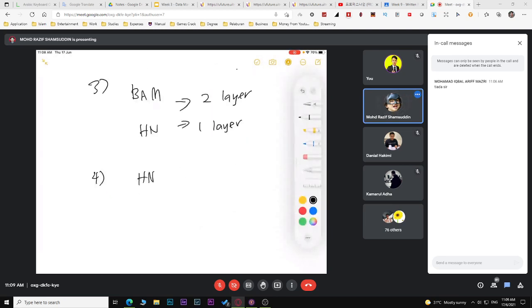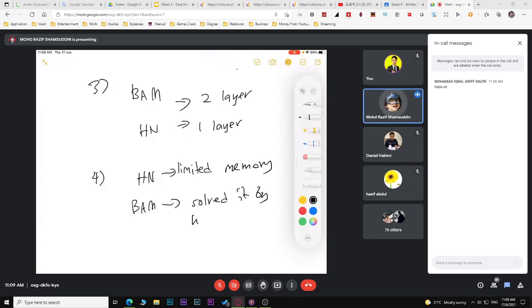Masalah dia. Memory capacity. Limited memory kan. So BAM solve it by having a deeper layer. Okay, BAM ni yang kita belajar ni ada dua je.